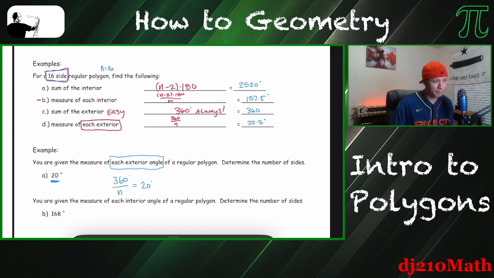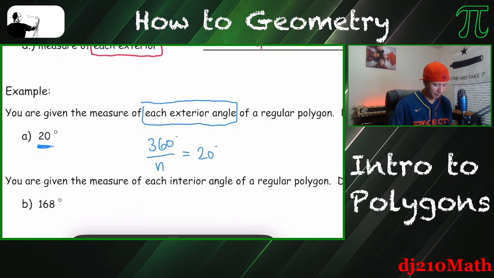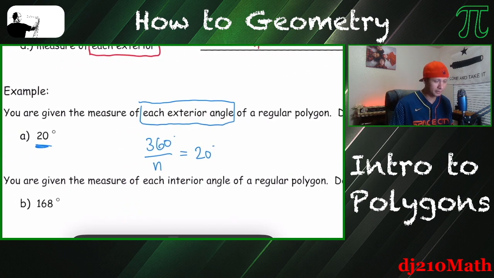When the variable's in the bottom, there's a nice property. Algebraically, you can multiply both sides by n, divide both sides by 20. But there's a nice little shortcut. When you see that there's a variable in the bottom, you can just switch these two. So you're going to get n is equal to 360 divided by 20.